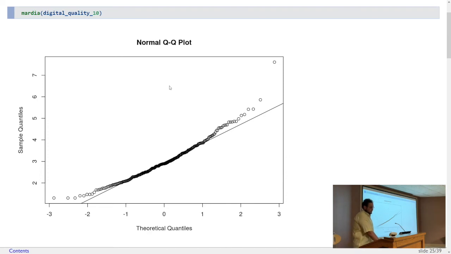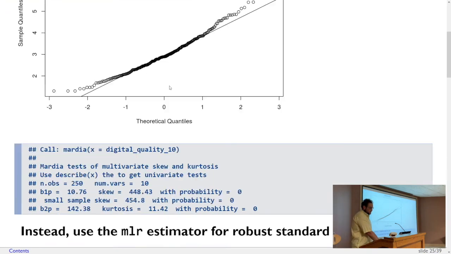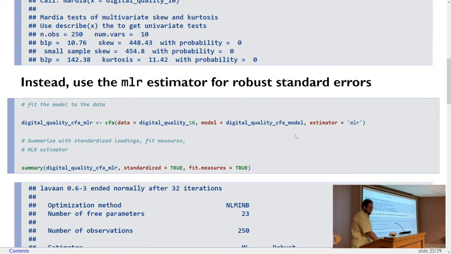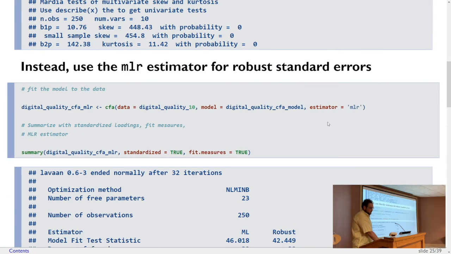Yeah, so I just changed the estimator. There would be different ways if you wanted to transform the data, but rather than doing that, I just used another estimator here. This MLR will use robust standard errors and try to correct for non-normality.